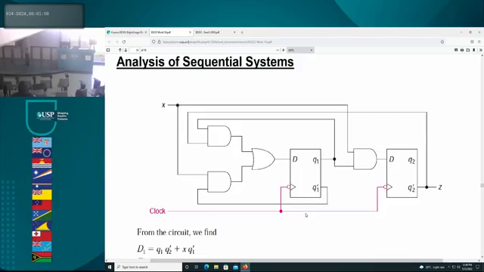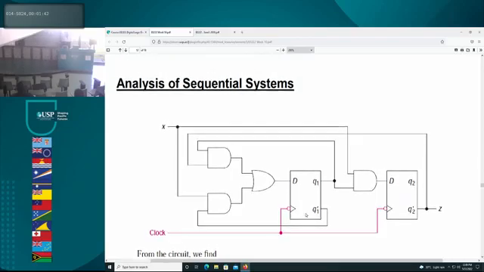Now, I want you to give me the equation for D1. Have a look at this diagram. What is the equation for D1? Forget about this thing here.